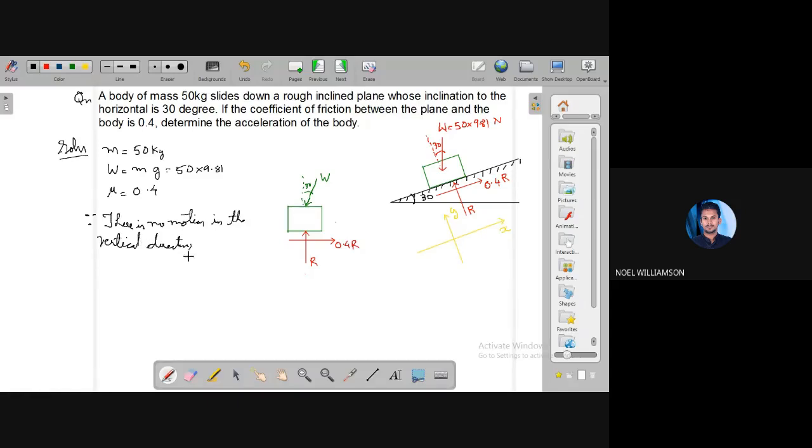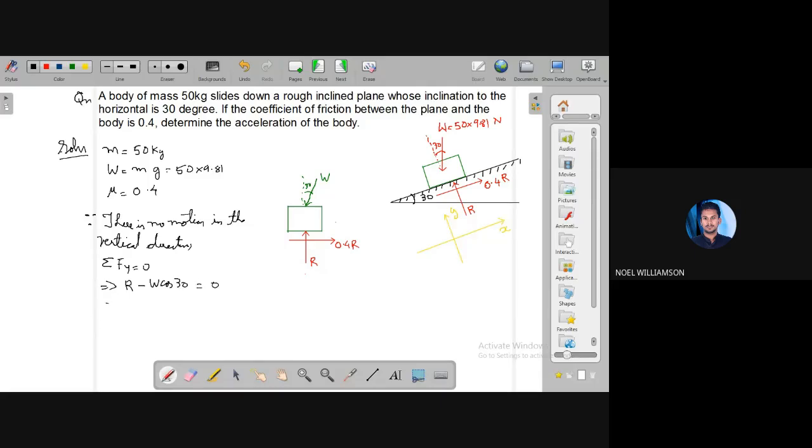Sigma Fy equal to 0 implies R minus W cos 30, the vertical component of W, equals 0.